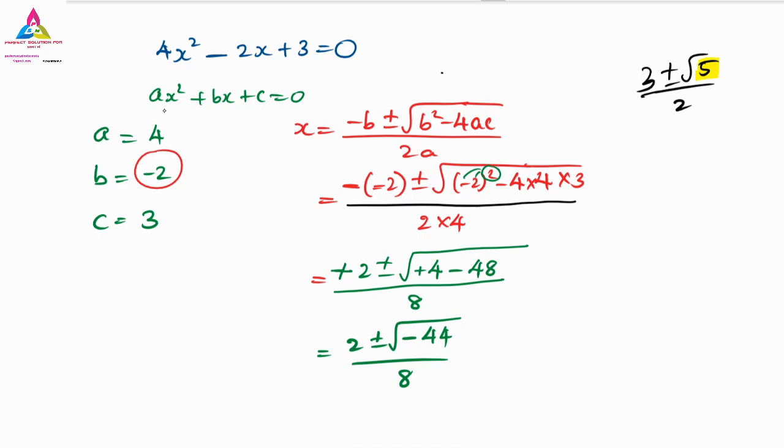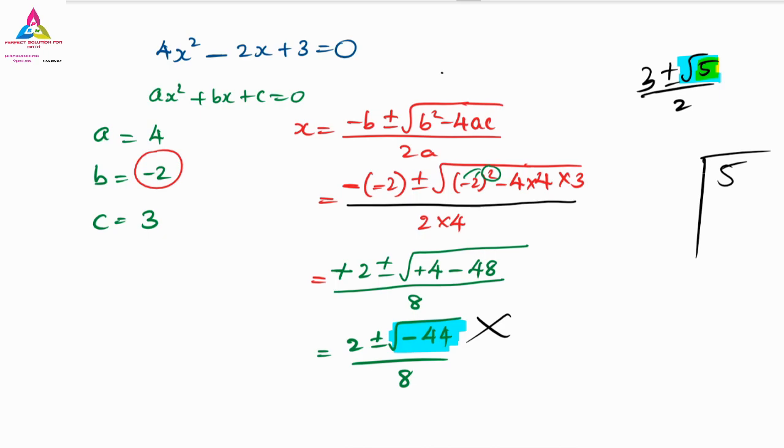It will be 2 point something. Yes, whether it is possible to find root minus 44 value? We can find a root 5 value easily, because we know the method of finding it. We have to do the square root formula. Minus 44 root, we can't find.